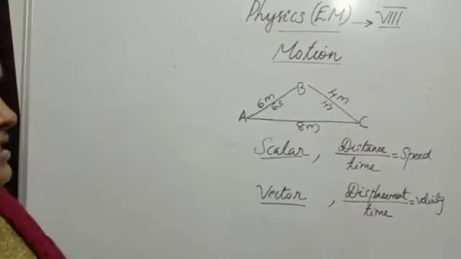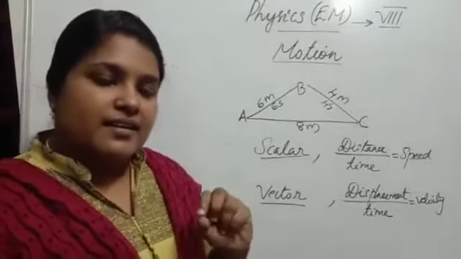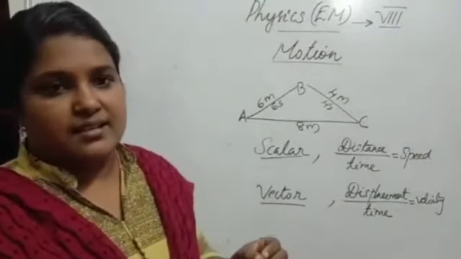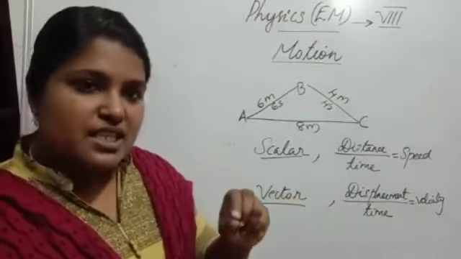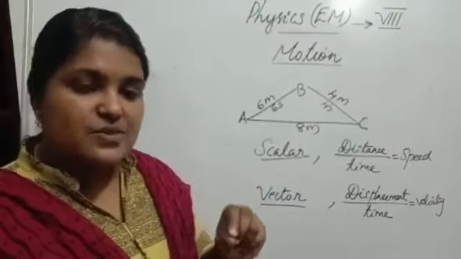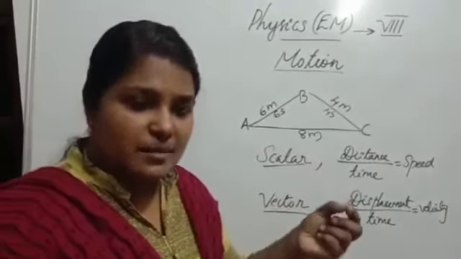So in this class we studied about reference body. Then how we can say whether the body is in motion or in rest. If the position of the object changes with respect to the reference object, then we can say the body is in motion.